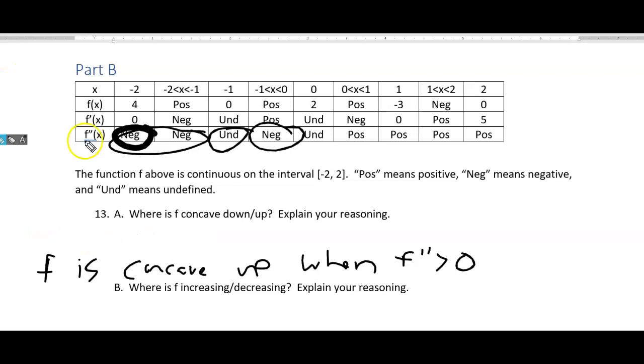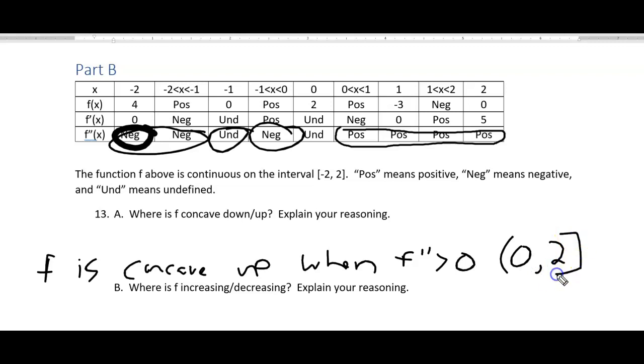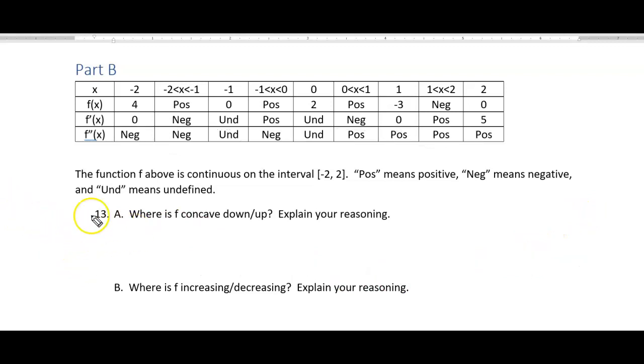And so that's going to be happening from the whole interval here, all the way from 0 up to 2. And we're not going to include 0 in the interval because there the second derivative is undefined, but we are going to include 2 in the interval because there the second derivative is positive. So I would say from 0 to 2 would be good enough. Okay. The next question is asking us, where is f increasing and decreasing?